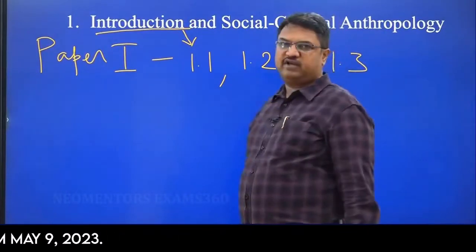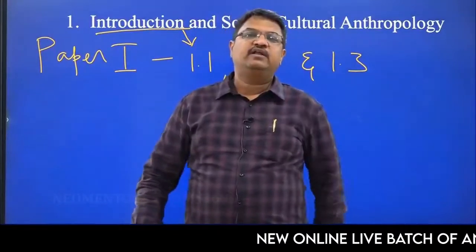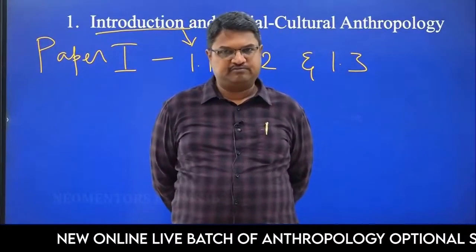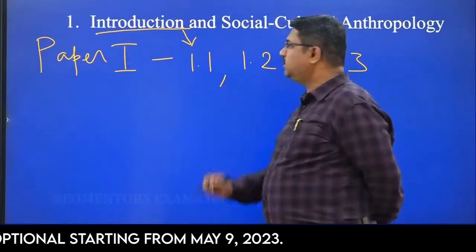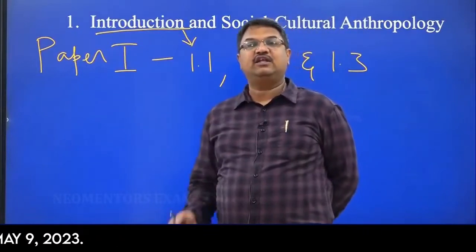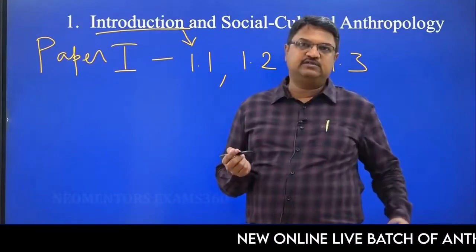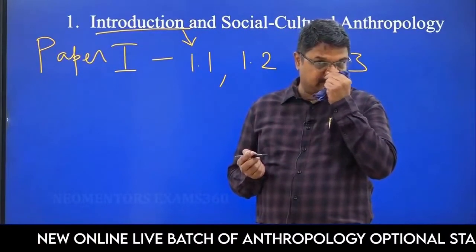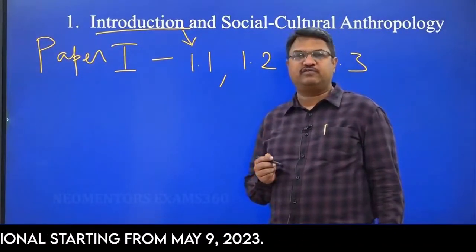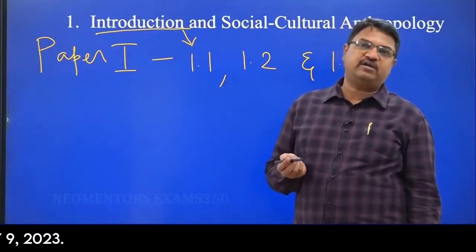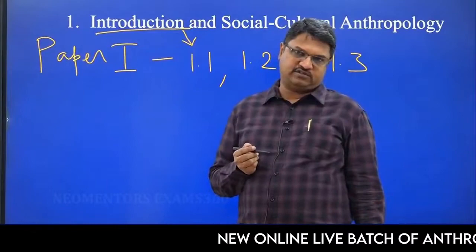If you focus on 1.1, it says meaning, scope and development of anthropology as a subject. And chapter 1.2 deals with anthropology and its relationship with other subjects, that is humanities, social sciences, earth sciences, biological or physical sciences, all these different walks of human life. How anthropology is a part of those sciences, or is it different from those sciences.